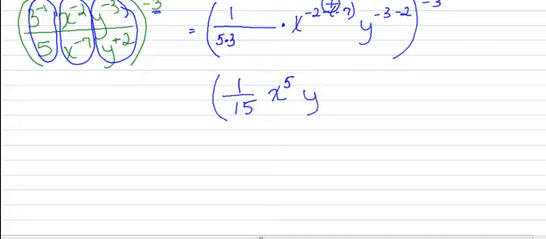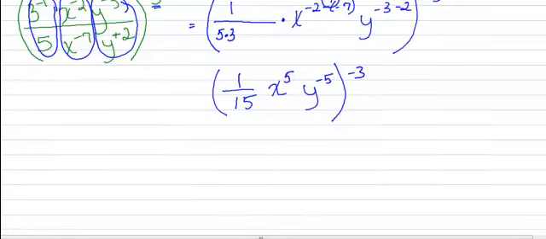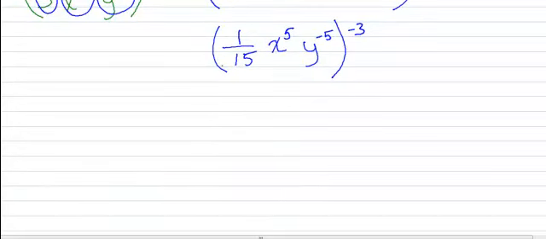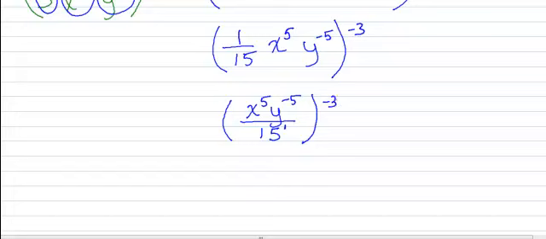And then we've got a y, negative 3 minus 2 is negative 5. Now we're going to make that look a little nicer. So we're going to go ahead and write x to the 5th, y to the negative 5, over 15, to the negative 3. Okay, so the inside of the parentheses is as simplified as it can be.